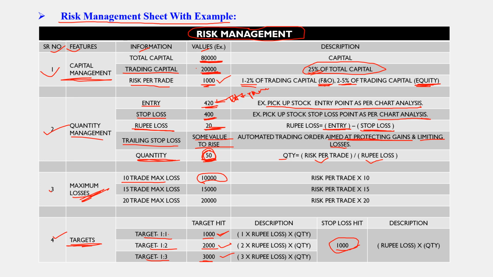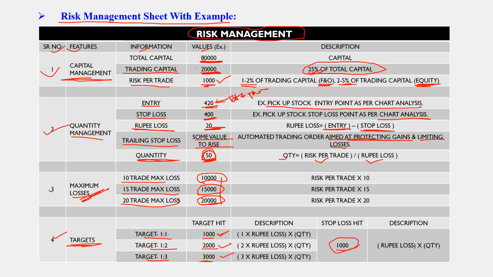And with 50 trades of maximum losses back to back, 50,000 would be lost. And with back-to-back 20 trade losses, we would lose our whole trading capital amount. But this is not possible, back-to-back 10, 15, 20 losing trades. This is not possible, but we can manage the risk.